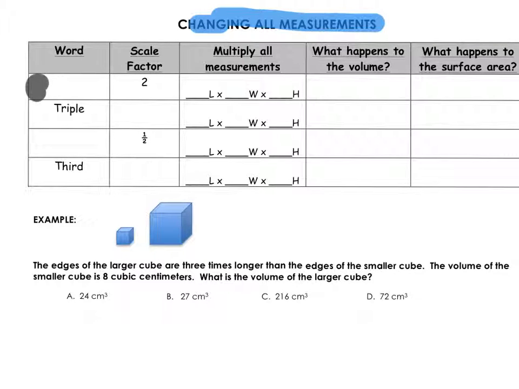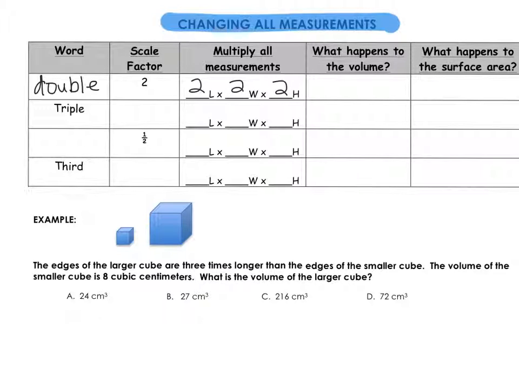If you're using a scale factor of 2, then you're going to be doubling all the measurements. For the volume of a prism, length times width times height, you would double the length, double the width, and also double the height. So then what happens to the volume?